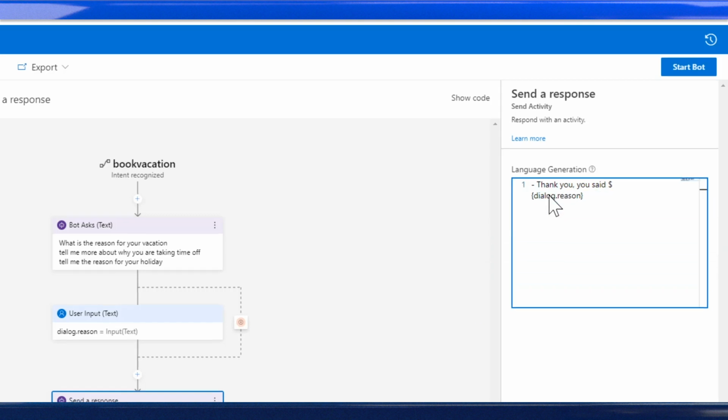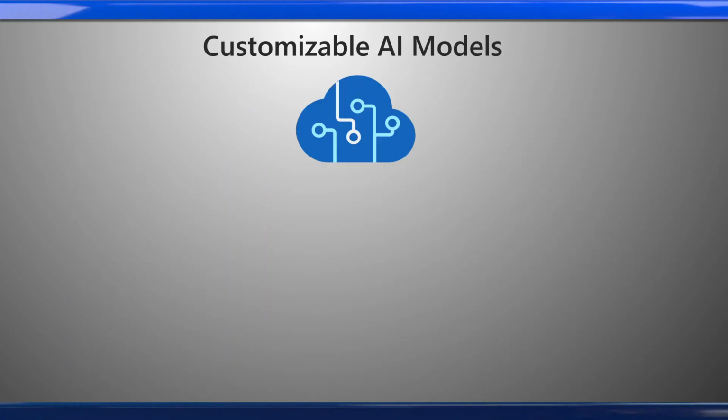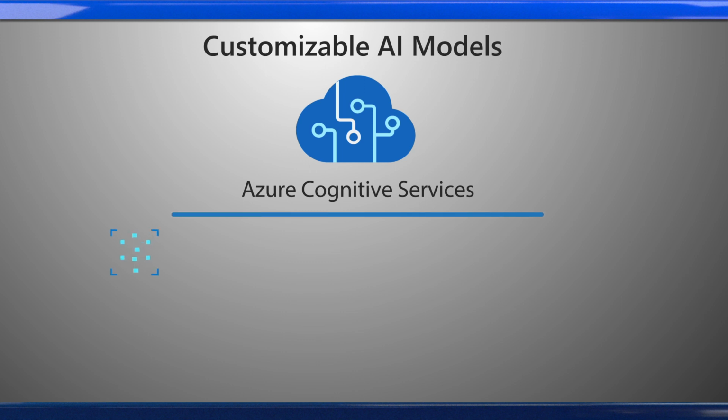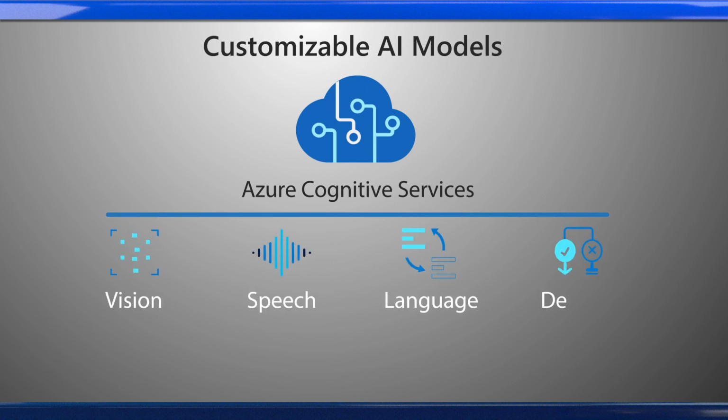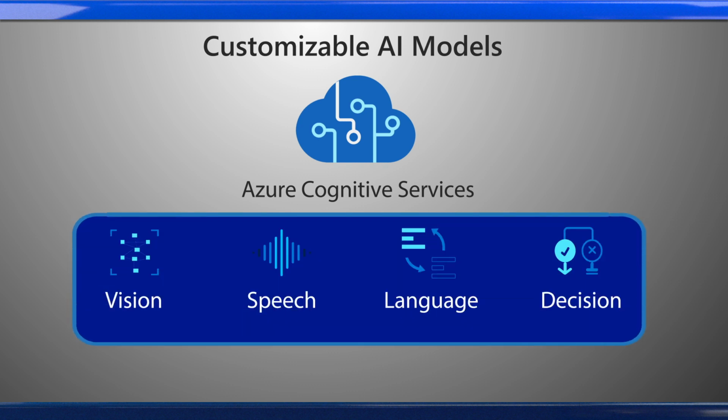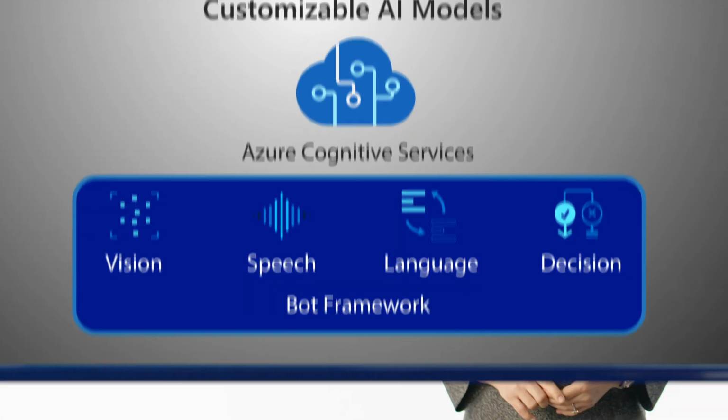Once you've built your bot application, you can improve your user experience by adding intelligence to your bot with Azure Cognitive Services capabilities across vision, speech, language, and decision. Language and speech capabilities are the most commonly added to bots. In fact, you can use these services directly from within the bot framework.